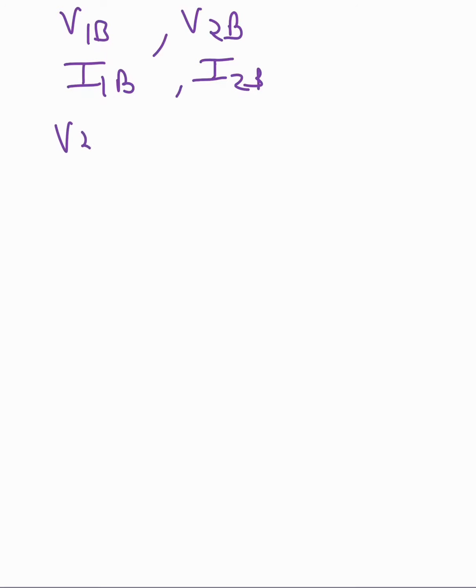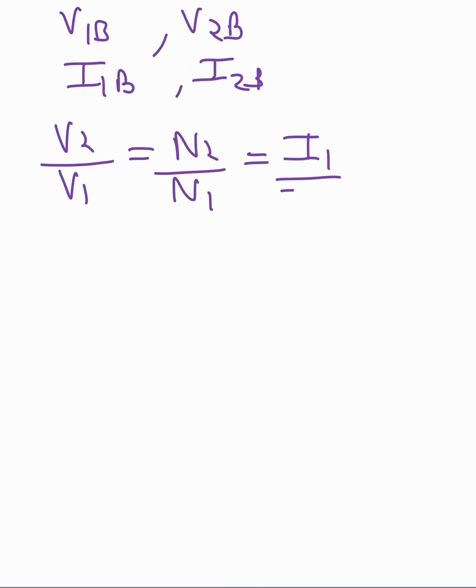So base values are V1B, V2B, and I1B and I2B. That is the base value. So V2 upon V1 is equal to N2 upon N1 is equal to I1 upon I2 is equal to K. That is the transformation ratio.